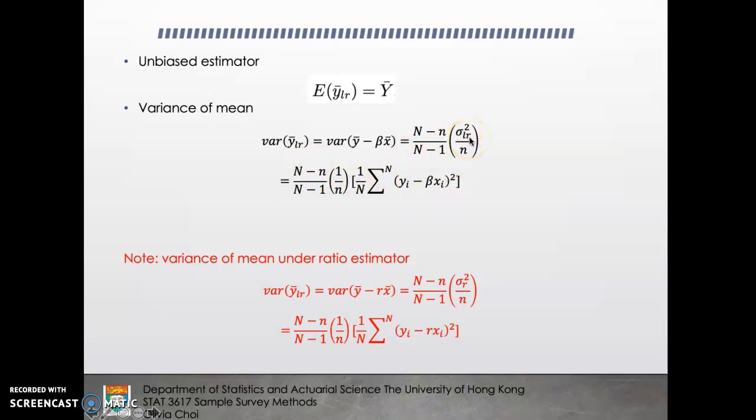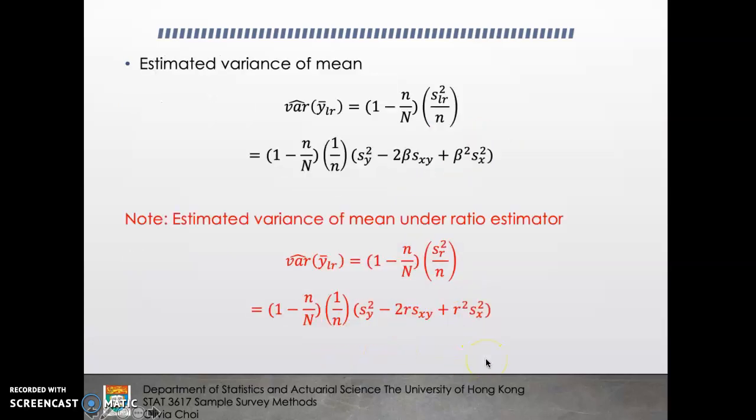The true variance of the population is approximated by the variance using the least squares line. This is similar to how we did it under the ratio estimator. For comparison, the only difference is the sigma, the variance from the population. Under regression, we have beta instead of the ratio to approximate the variance of the population.